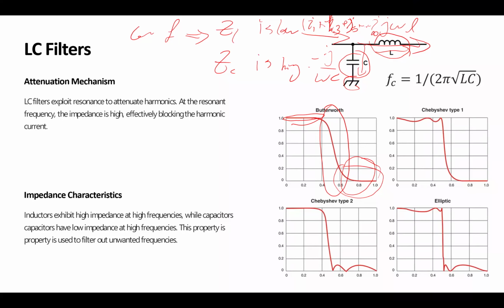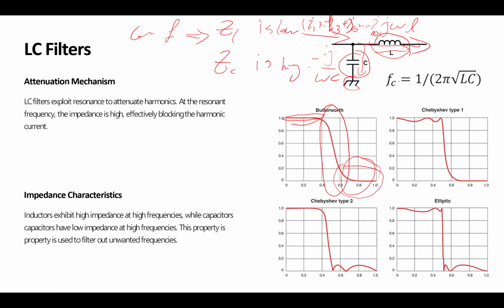Higher than that frequency, we mitigate them. We ground those frequencies with a high damping factor. That frequency we call the cutoff frequency, or sometimes the resonance frequency.